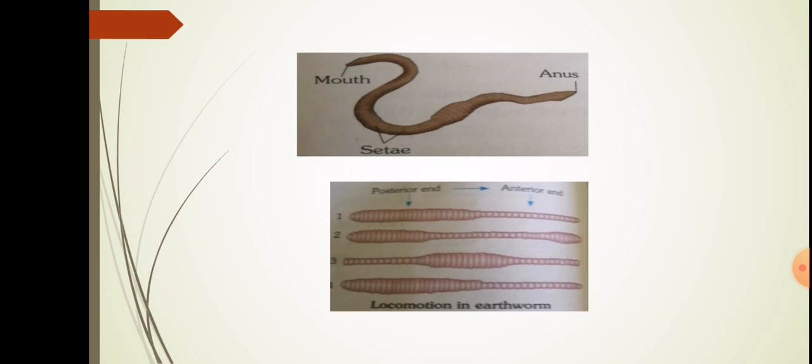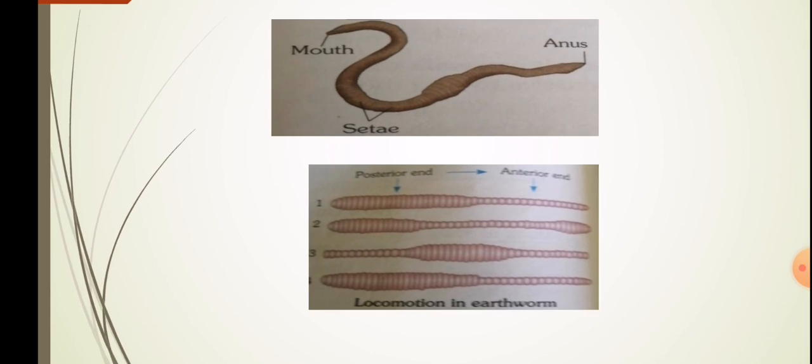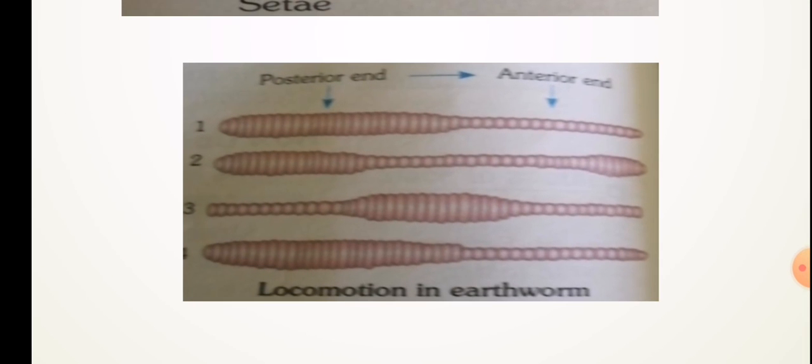This is the earthworm, and the anterior part, the front part, is extended. Look at the first figure, at that time the posterior end is a little thicker. Then this thicker portion again becomes thinner, and the back side becomes thicker.